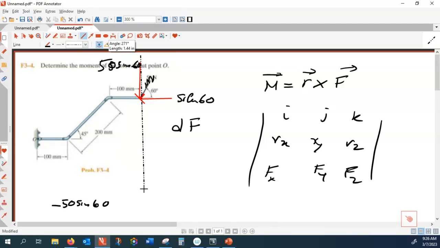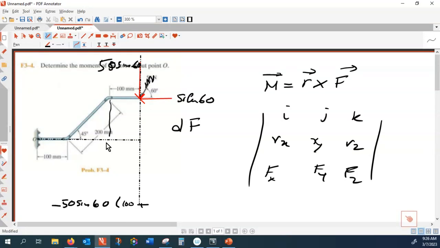I draw a line of action, and then I draw a normal from here to that line of action. So tell me, what is that distance? That distance is 100 plus, from here to here, that is 200 cos 45. And then from here to here, that's 100, right?